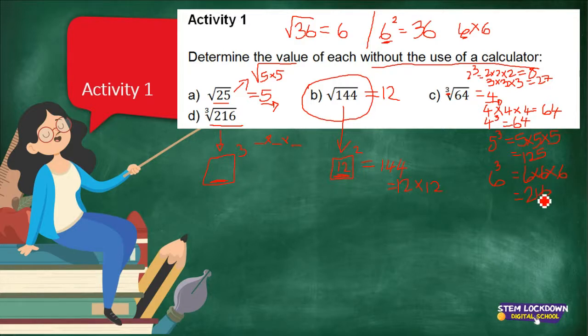So the cube root of 216 is 6. In other words, the number that I cubed to get 216 is 6, right?